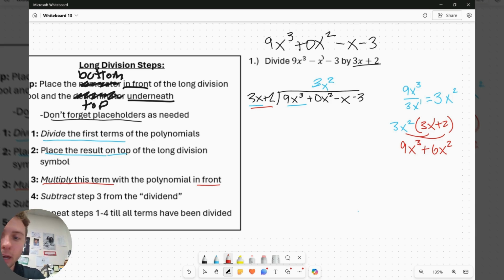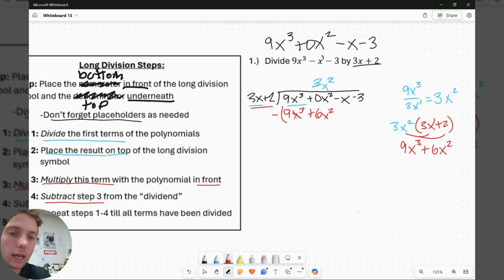Once you have that value, your next step is to subtract that from the part that is underneath. But we need to subtract this entire thing. So when I place it underneath to line up my subtraction with the like terms, with the same exponents, I need to subtract this entire red part.